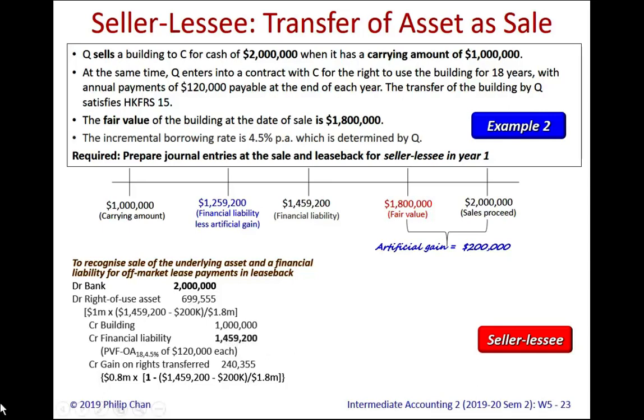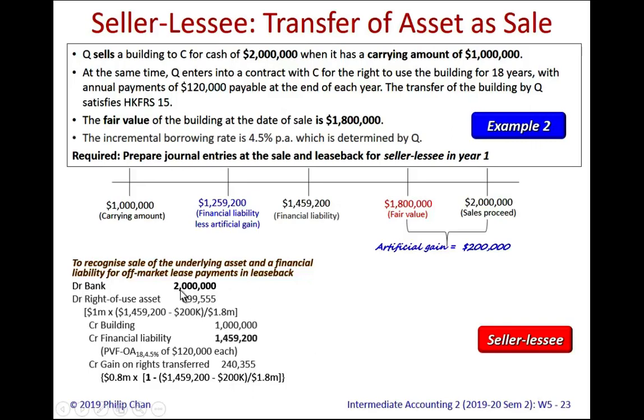Okay, so how can we work out the gain? Then of course we use the formula. Total gain is what? The fair value, which is 1.8 million, minus book value 1 million, is 0.8 million. So this is total gain times 1 minus the retained ratio, which is the financial liability figure minus artificial gain, which is 200,000, divided by fair value 1.8 million, which gives us 240,355.